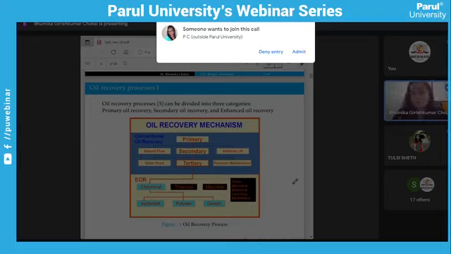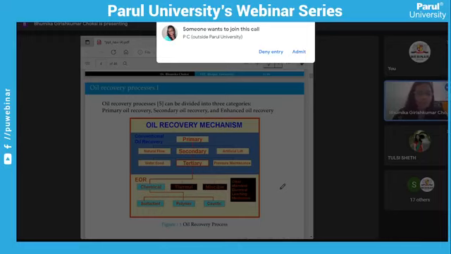What is oil recovery? There are basically three types of oil recovery process: primary, secondary, and enhanced or tertiary. You can see the diagram on the slide as figure number 1. And what are the basic differences between these three processes?